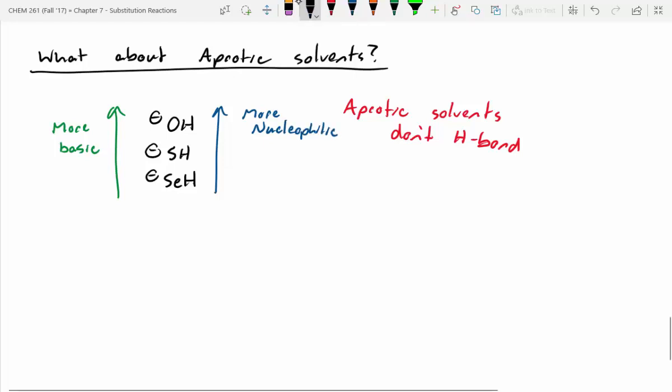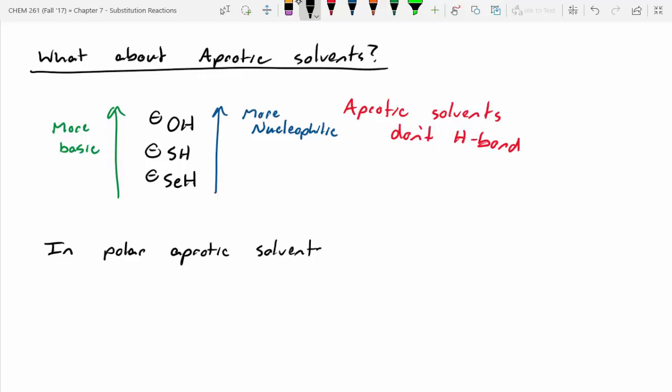So let's make a note of this. In polar aprotic solvents, nucleophiles with a negative charge are more nucleophilic as you go up a column.